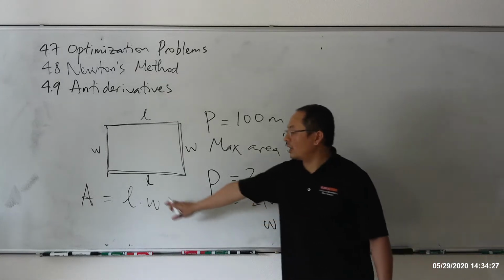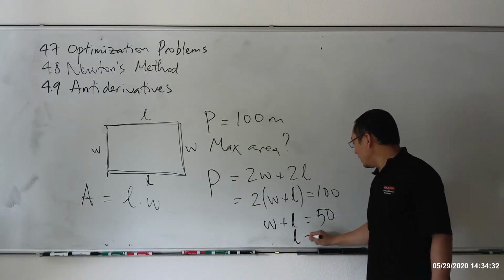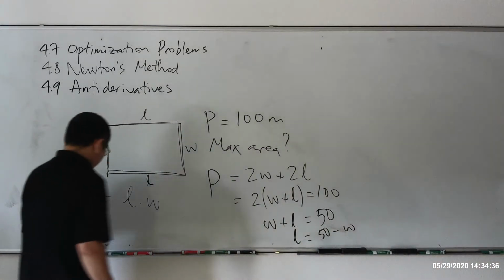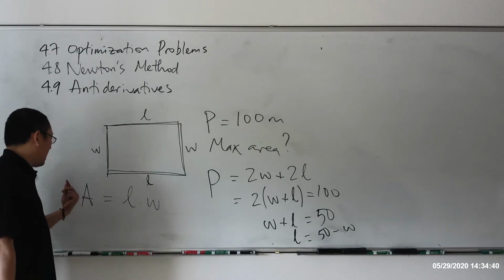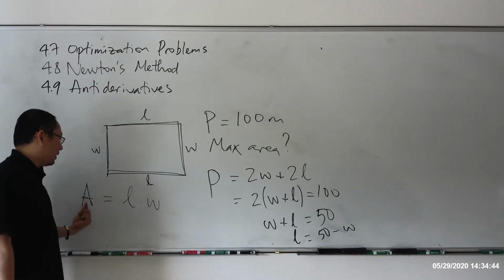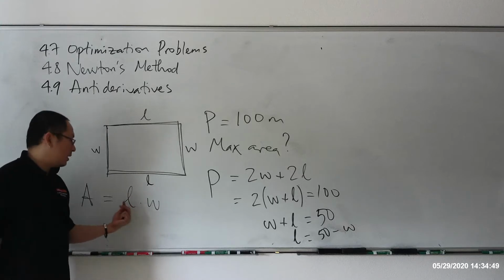I can solve for one variable, plug in here, I have a function. Say, solve for L then. L is equal to 50 minus W. And in here is the function that we're looking for. We try to find a function of the area, and we know the area in terms of length times width. So area depends on 2 variables, length and width.